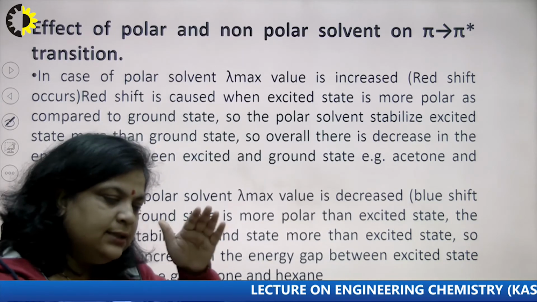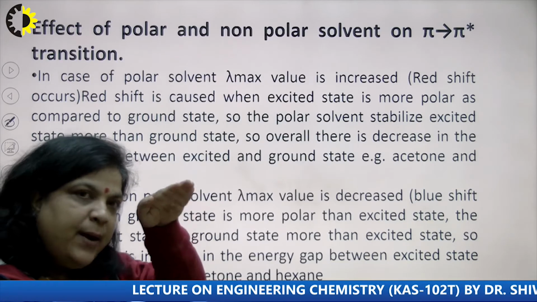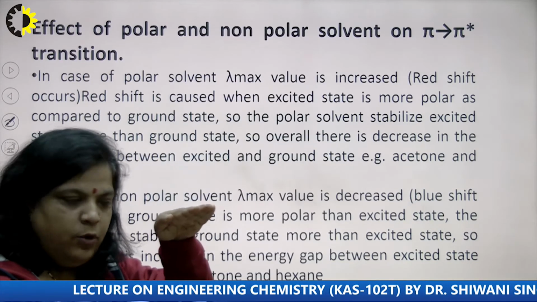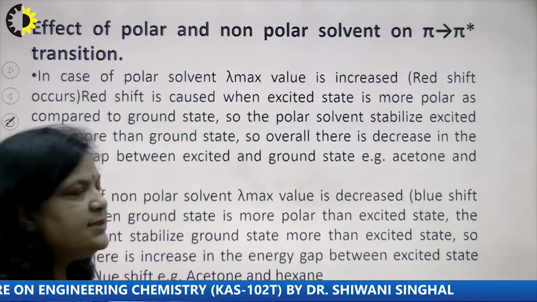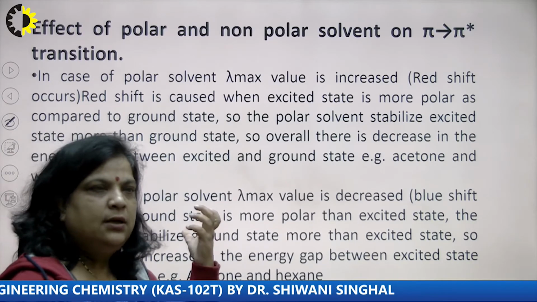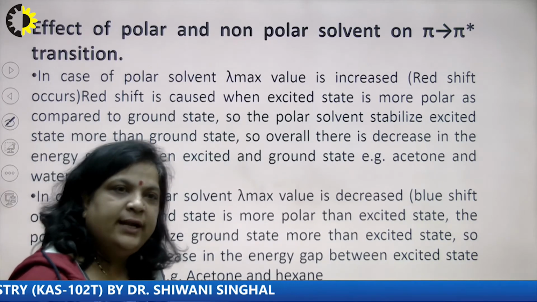It means the energy gap between the pi and pi star molecular orbitals decreases. This redshift is caused when the excited state is more polar as compared to the ground state.